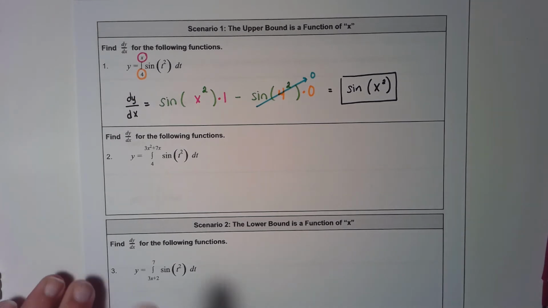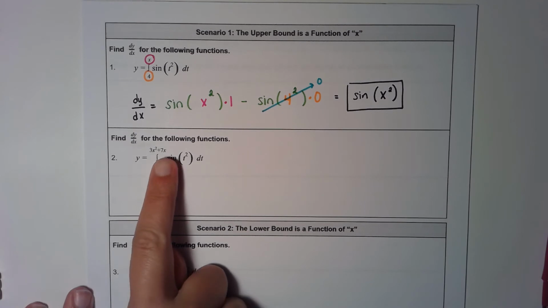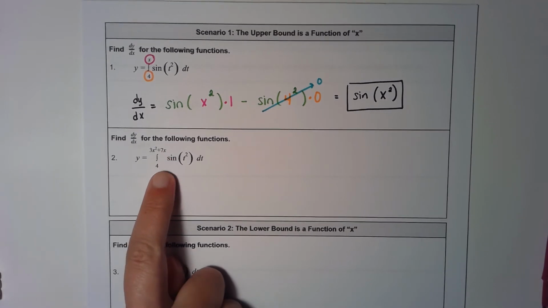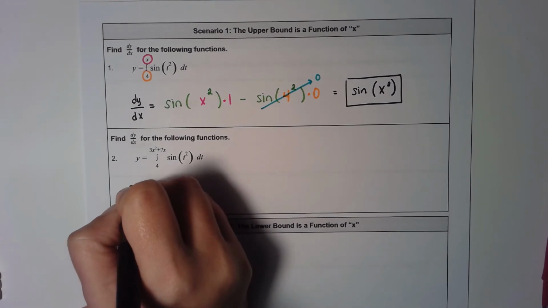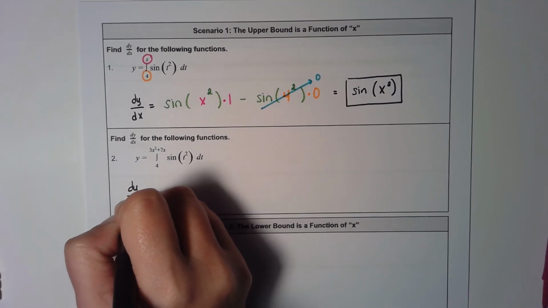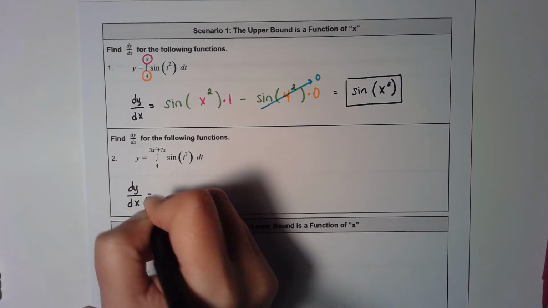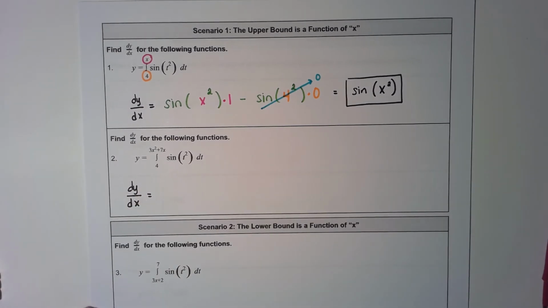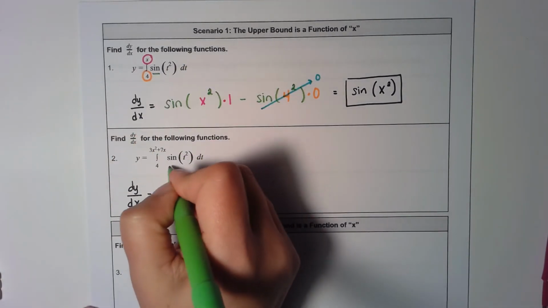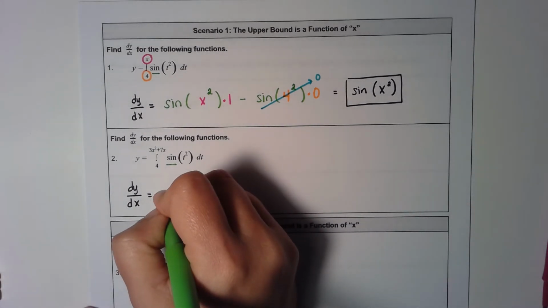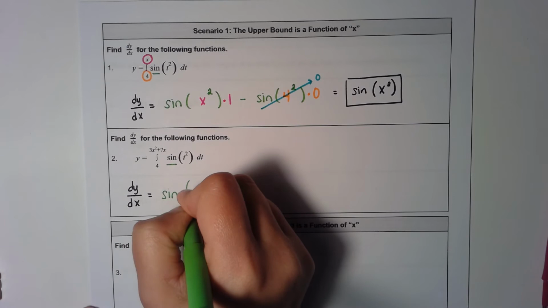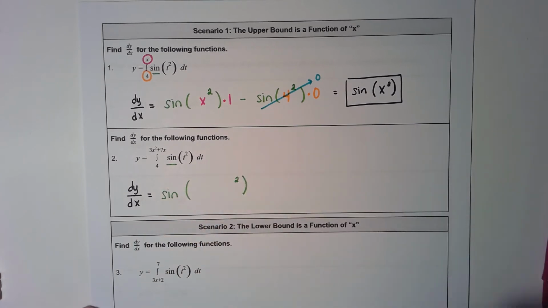Now let's take a look at the next one, number 2. So if our top bound is a function of x and our bottom is a number, let's see what happens here. So our rule for taking the derivative of this integral is just keep the function that you originally started with, the sine of something squared, and just plug in the bounds. So I'm going to have sine of something squared.